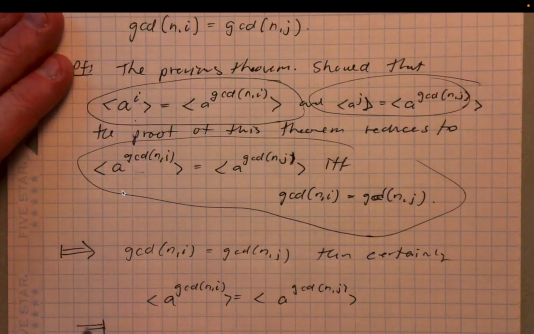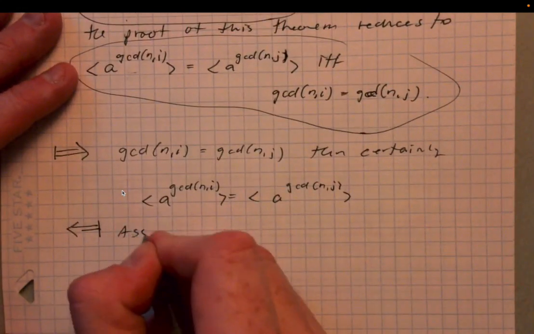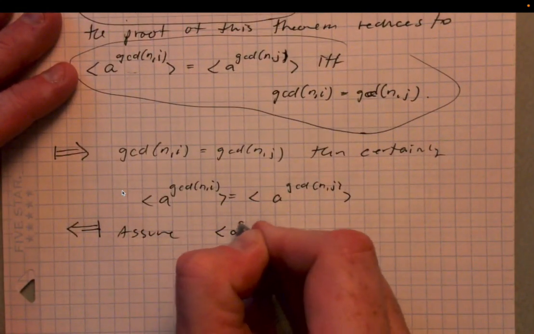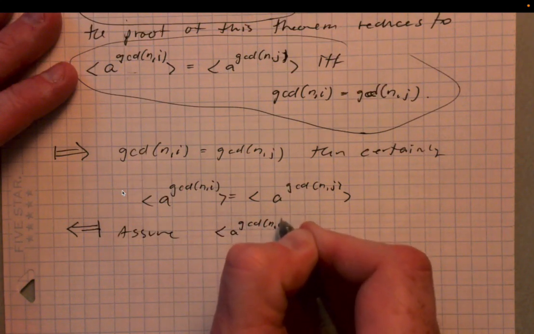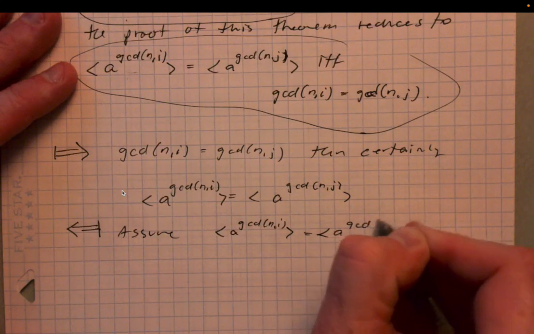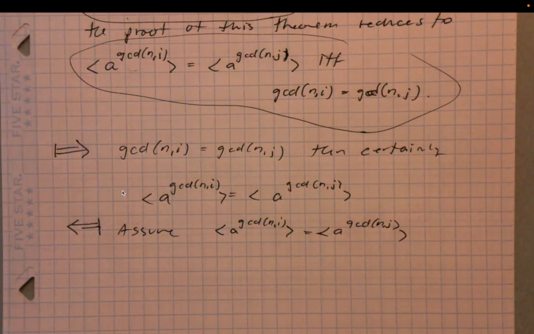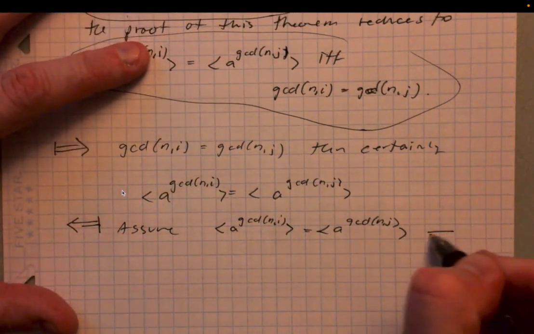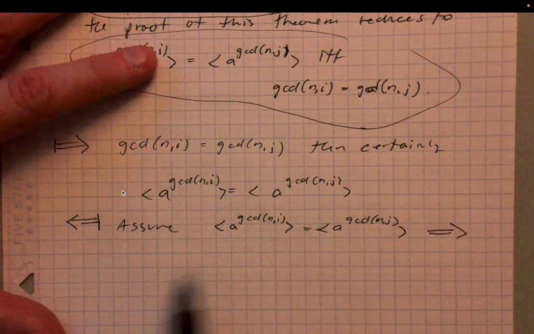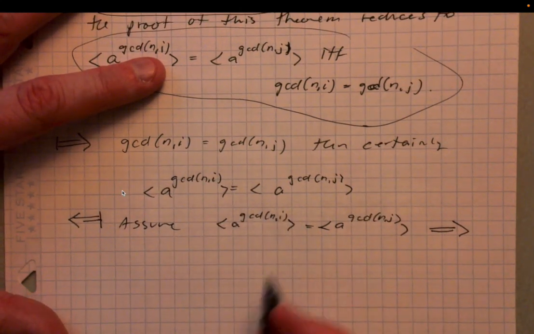All right, let's go the other direction. Let's assume that the group generated by a to the GCD of n comma i equals the group generated by a to the GCD of n comma j. What does that imply? Well, it implies that the order of these two elements is the same. We know that the order of this group is the same as the order of the element that generates it.